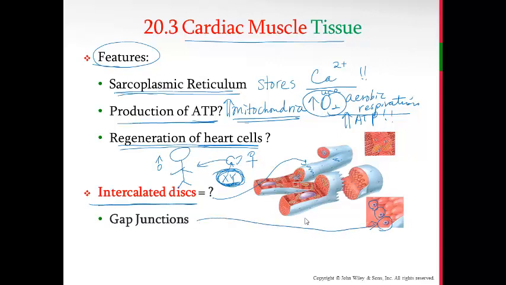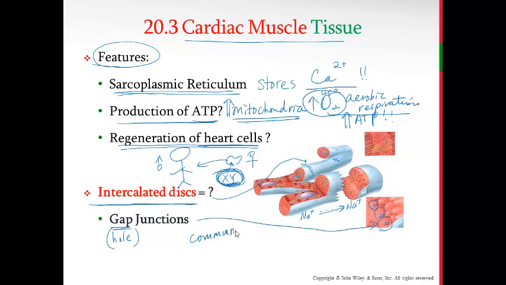This is one type of cell junction, and gap really means there are holes, for instance. So as a result, if you have lots of sodium on this side, do you think they will be able to transfer to the other side, to the other cell? Yes, they can. So they have a way for the cells to communicate.